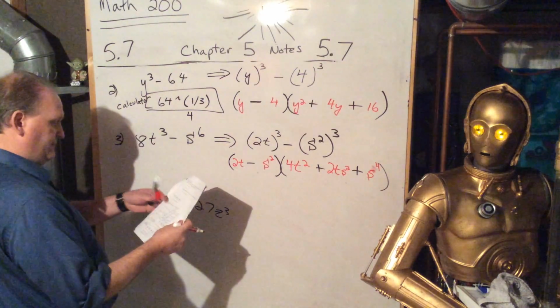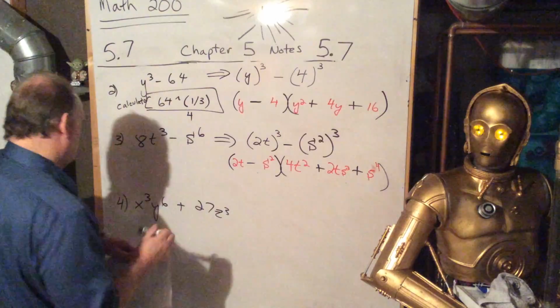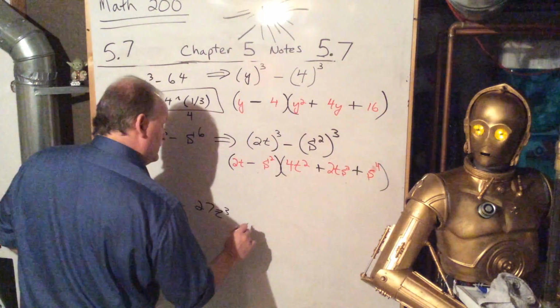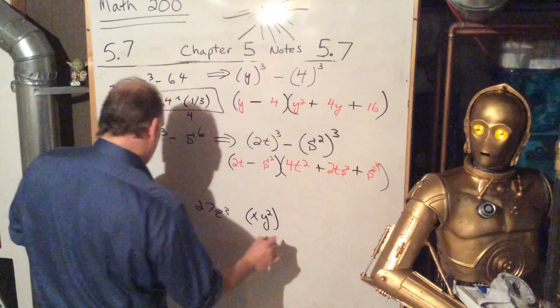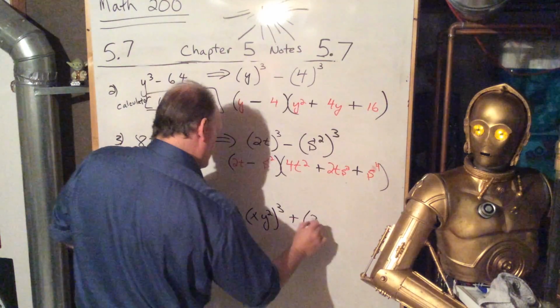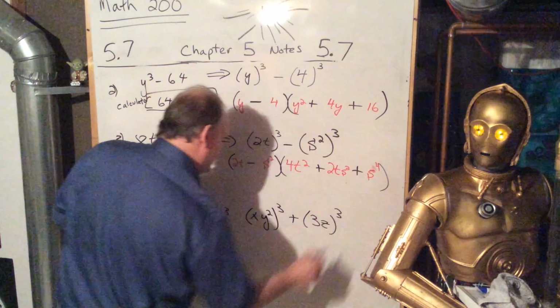Number 4. We're going to do xy squared to the third plus 3z to the third.